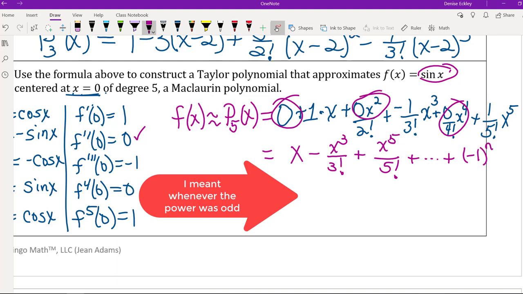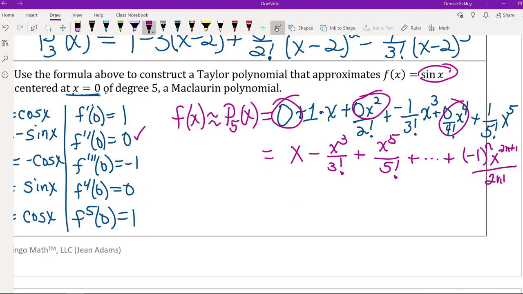So I'm going to make sure that whenever n is odd, that's when this is going to happen. And then I'm going to have x to the 2n plus 1 over 2n plus 1 factorial, because 2n plus 1 represents odd numbers.